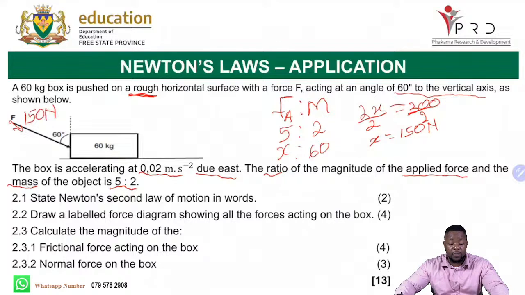In any Newton's laws question, there will always be a law that needs to be stated or a quantity that needs to be defined. In this case, it is Newton's second law.